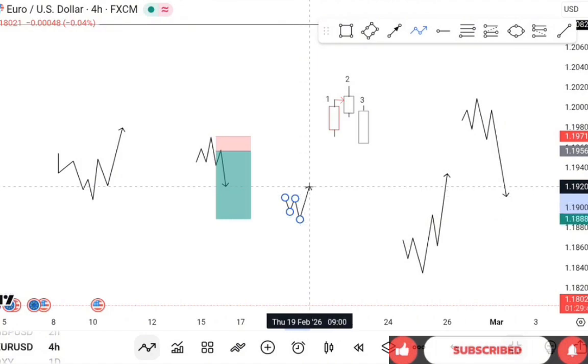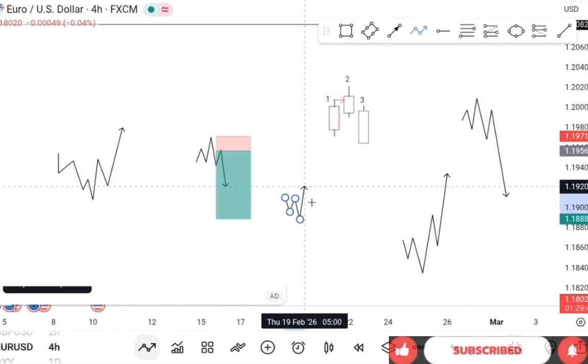It taps maybe to the 50% of the zone or the 60% of the zone before having some move to the upside.